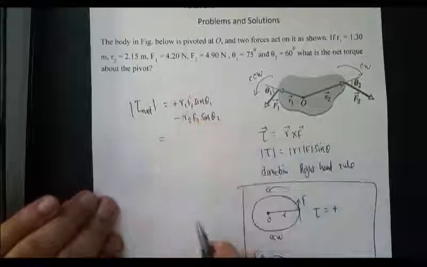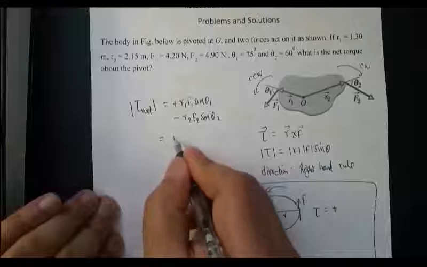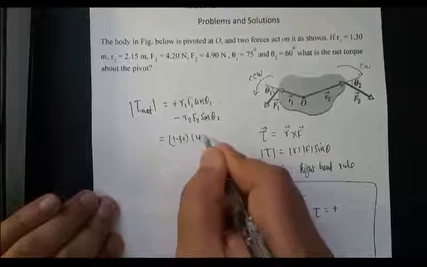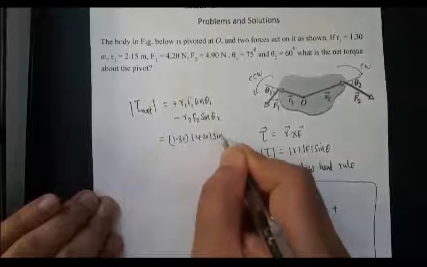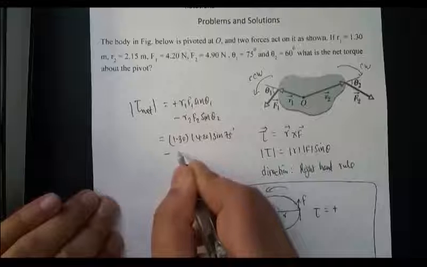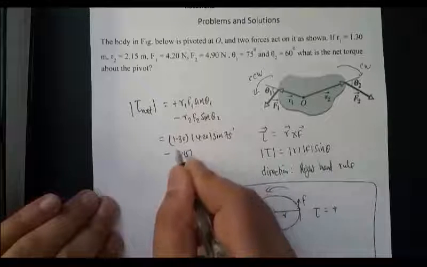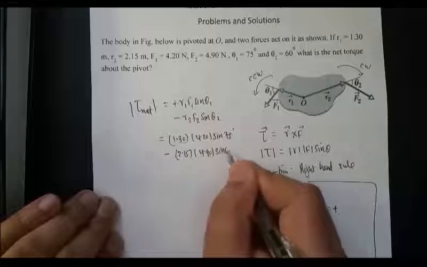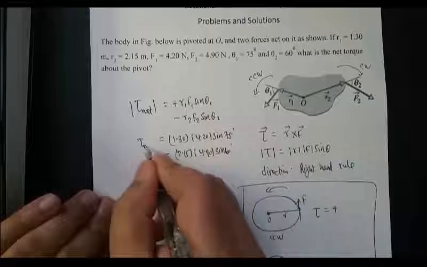After that, just plug in all the numbers. R1 is 1.3, F1 is 4.2 newtons, sine of 75 degrees, minus R2 is 2.15 meters, F2 is 4.9 newtons, sine of 60 degrees. So that's your net torque.